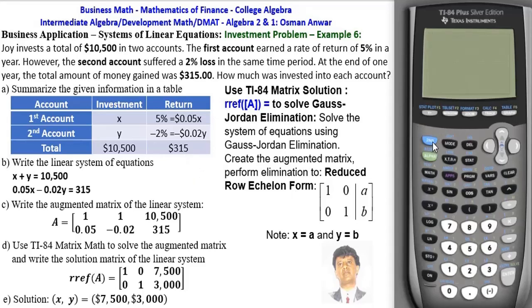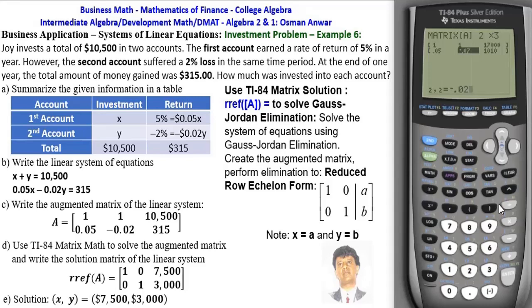So again, second matrix, we're going to go to edit. Matrix A, it is 2 by 3 again, 2 by 3. Then enter the values. The x values are 1 and 0.05. And the y values are 1 and minus 0.02.